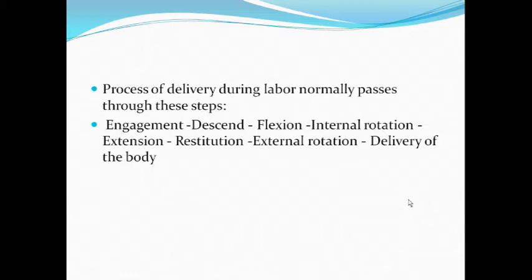Okay, so what happens in normal delivery? As you see, after the delivery of the head by extension, restitution occurs, and the baby's head will come back to the position. It may be occipito anterior, occipito posterior, or any position, left or oblique, and it will go back.